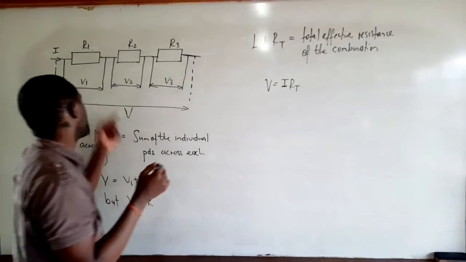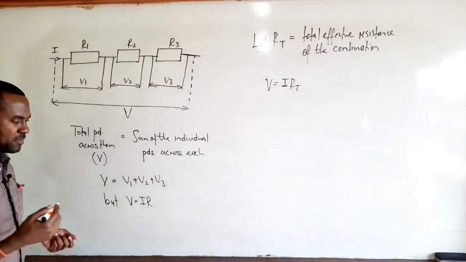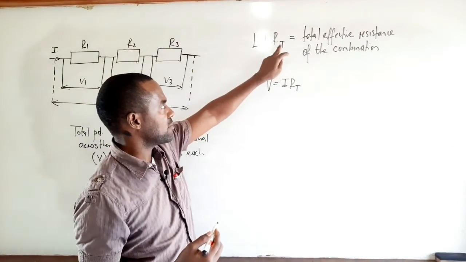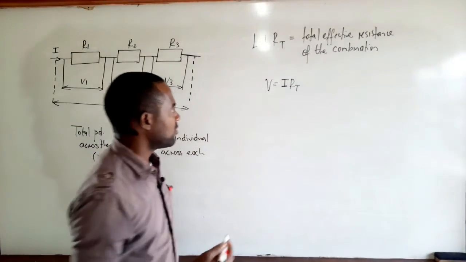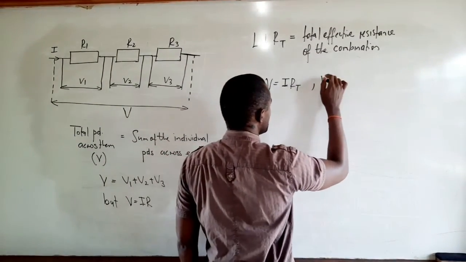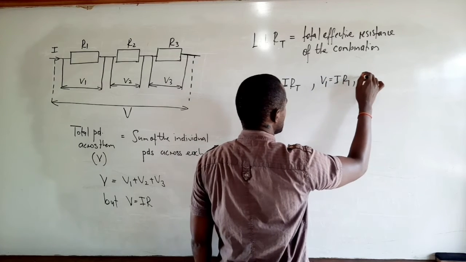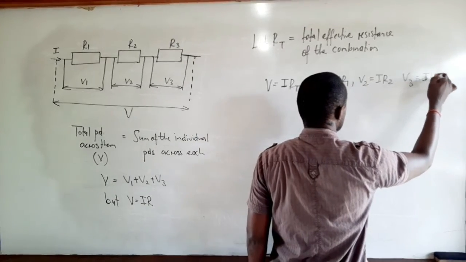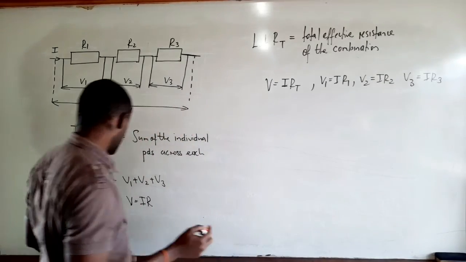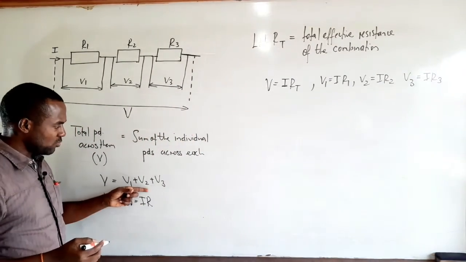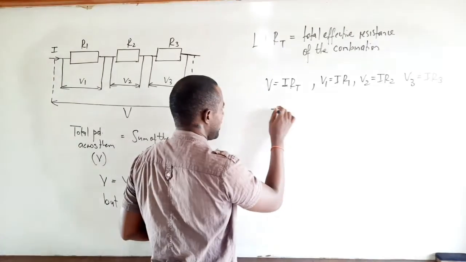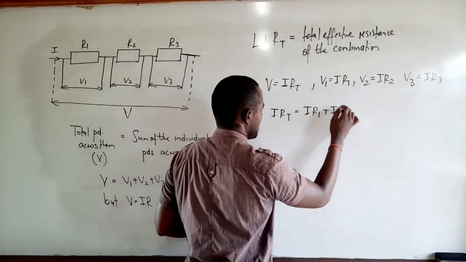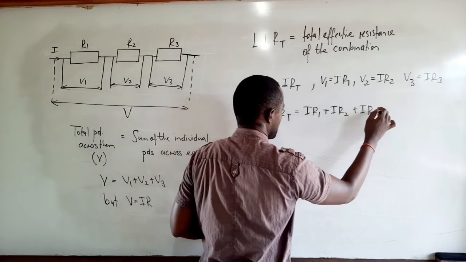I is the current flowing through each resistor because they're connected in series, and RT will be the total effective resistance of the combination. The aim is to get an expression for RT. So V is equal to I RT, but of course V1 is equal to I R1, V2 is equal to I R2, and V3 is equal to I R3. And since V is equal to V1 plus V2 plus V3, it follows that I RT is equal to I R1 plus I R2 plus I R3.